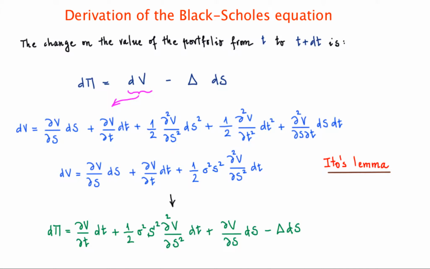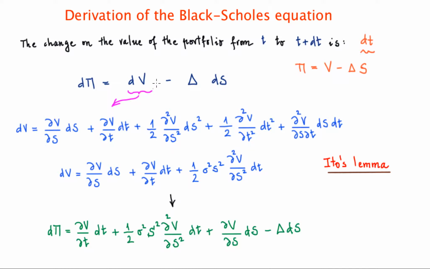So here we'll consider a change in the value of the portfolio in the time interval dt. Having in mind that the value of the portfolio is the value of the option minus delta, which is constant, times s, we're making the differentiation of this portfolio.